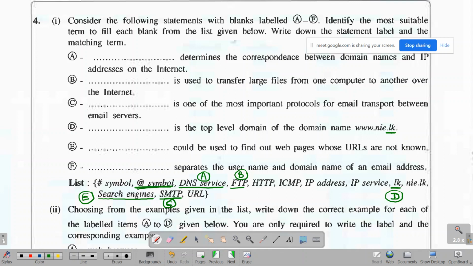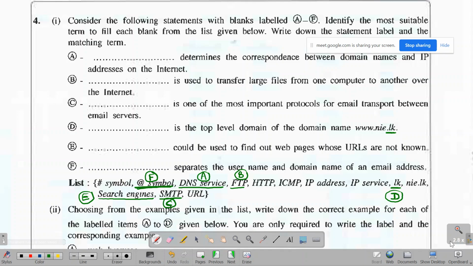Before the @ symbol you have the username, and after the @ symbol you have the domain name, right? So F goes with the last answer. I'll repeat it again: A, DNS service; B, FTP; C, SMTP; D, .lk; E, search engine; F, the @ symbol.